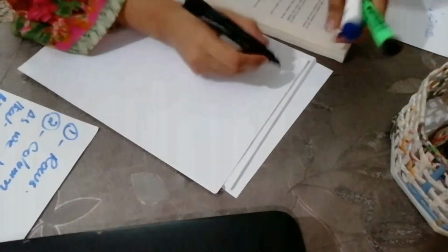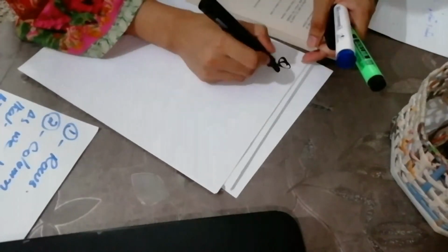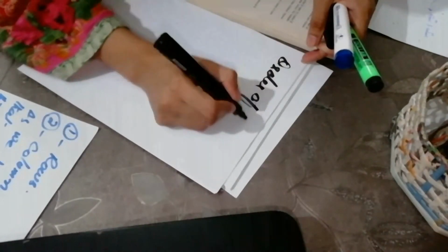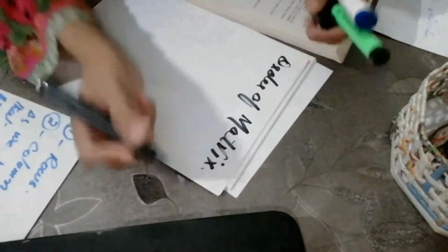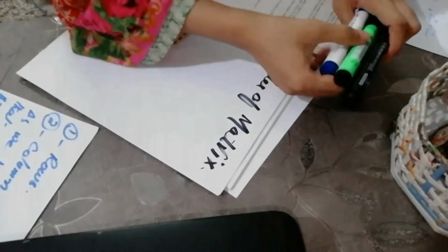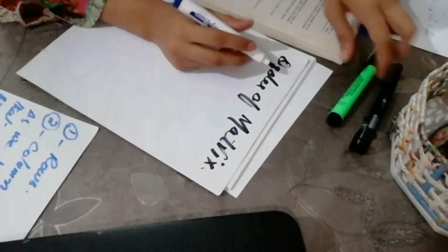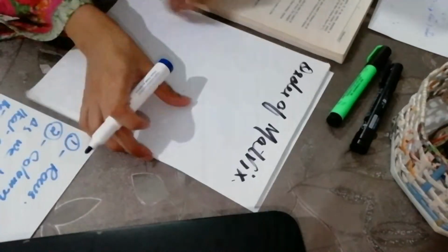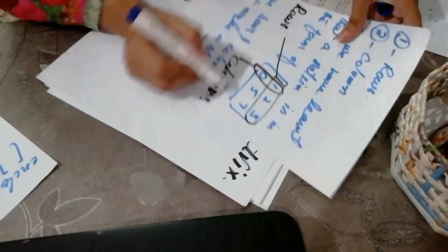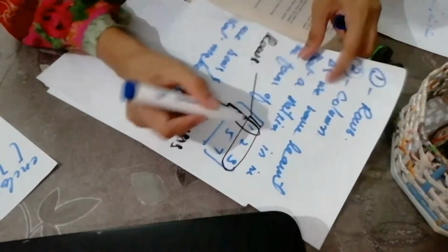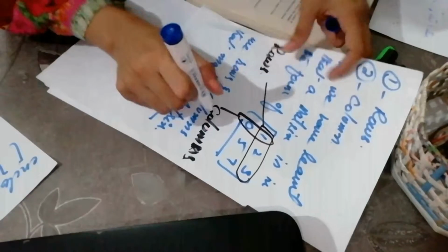After that, we will talk about the order of a matrix. As we have discussed, a matrix contains rows and columns.